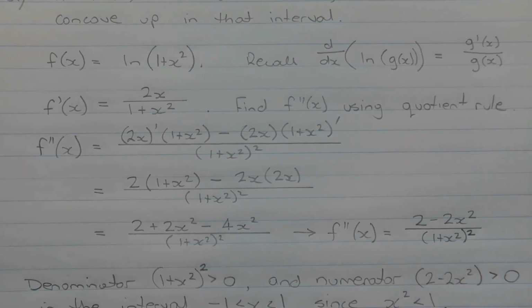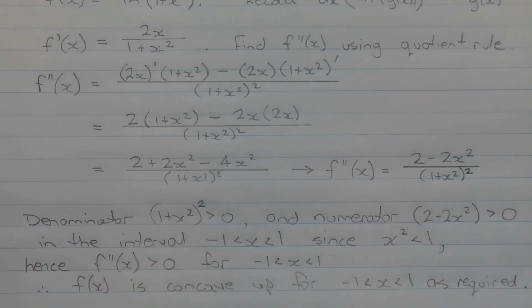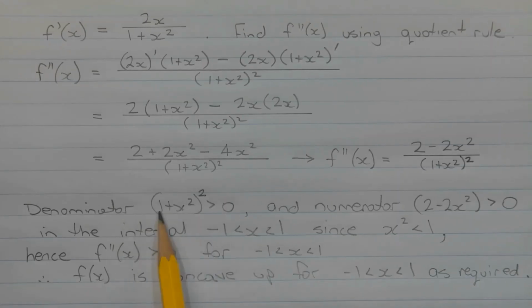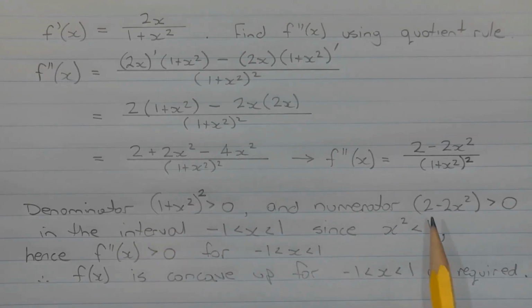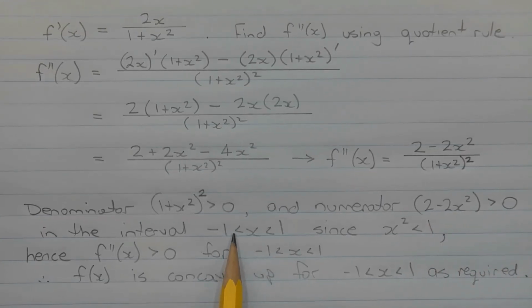Now, the denominator, 1 plus x squared in brackets squared, is positive for all real values of x. And the numerator, 2 minus 2x squared, is greater than 0 in the interval x greater than negative 1 and less than 1, since x squared is less than 1 in the given interval.